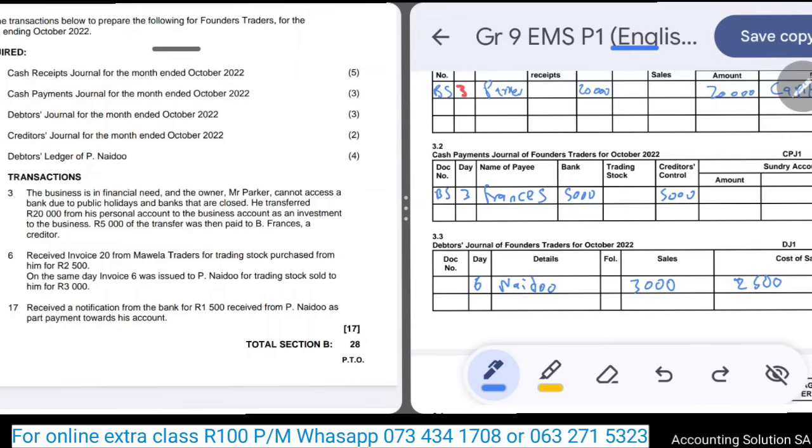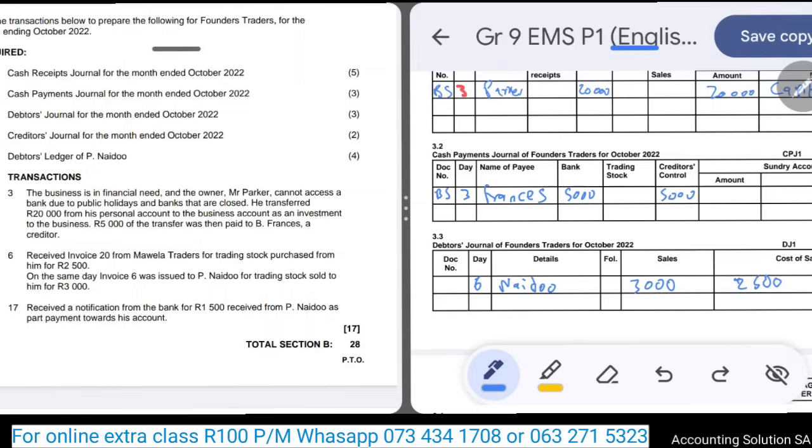You must always know that sales is always higher than the cost of sales. It's always, guys. You can't buy something for 10 rand and sell it for 5 rand. You must sell it for a higher price so that you can make a profit.